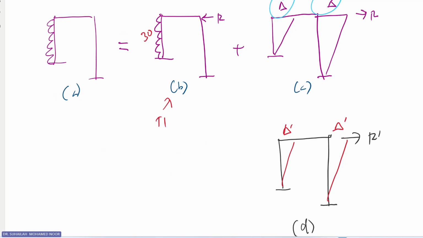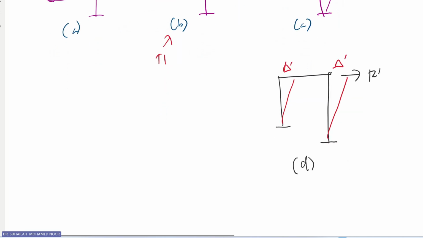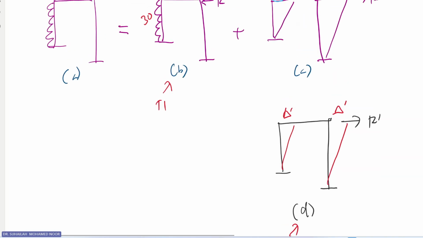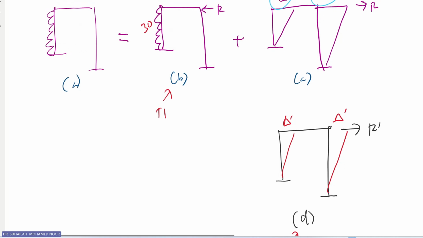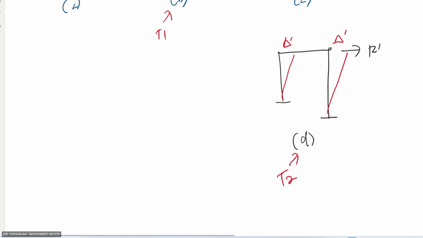So we have to assume FEM based on diagram D. So table number 2 is actually based on diagram D, not C. So sidesway frame analysis is actually referring to diagram D.